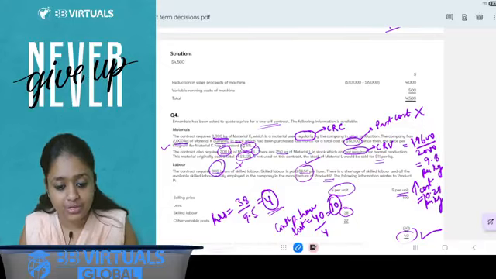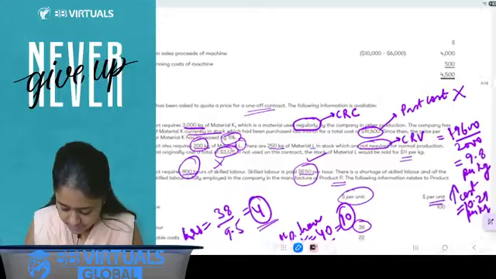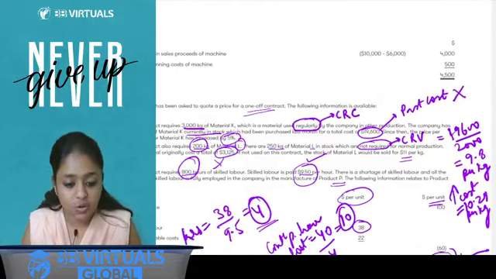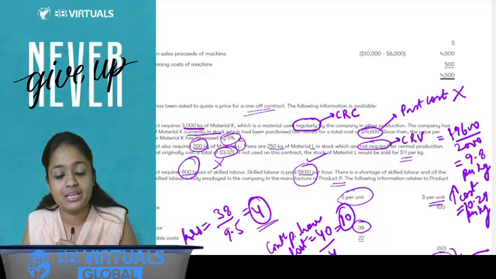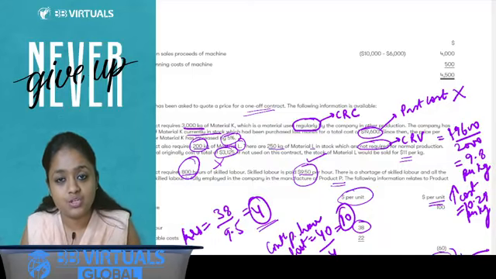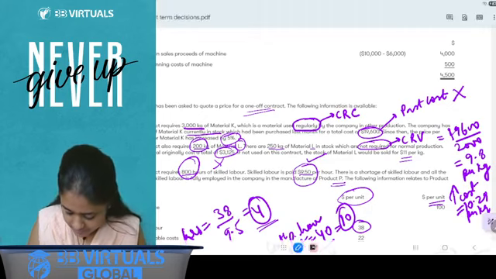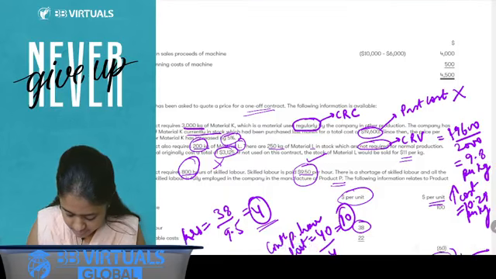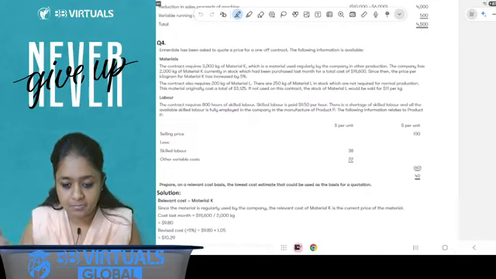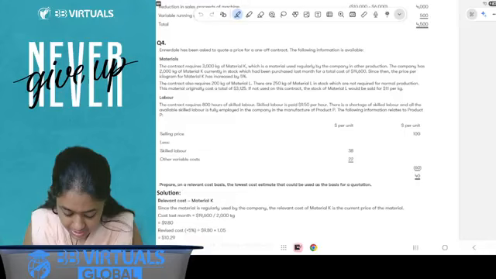Now let's read the question. I solved some portions so that it's very clear and very easy for us to go ahead. Yeah, so let's look at this question.